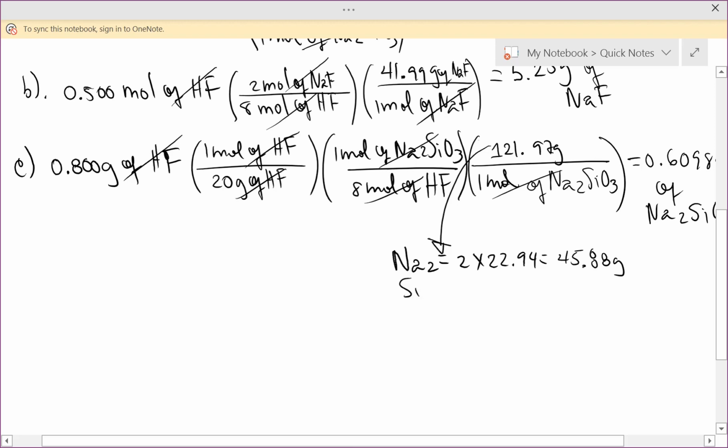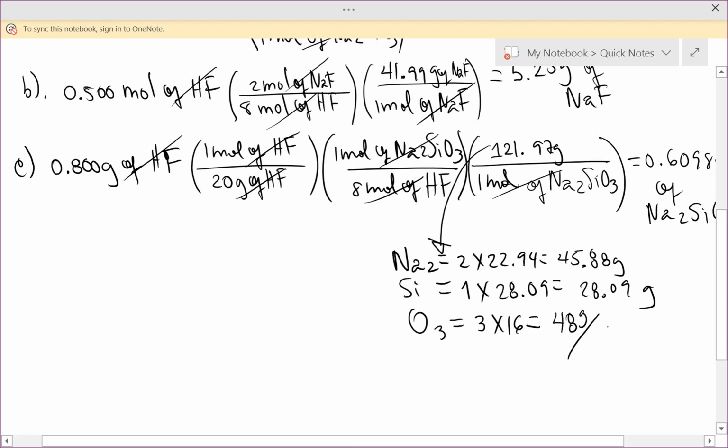For silicon we have 1 times 28.09, which is the same, 28.09 grams. And for oxygen we have 3 atoms of oxygen in this compound, so 3 times 16, this is equal to 48, which in total gave us 121.97 grams.